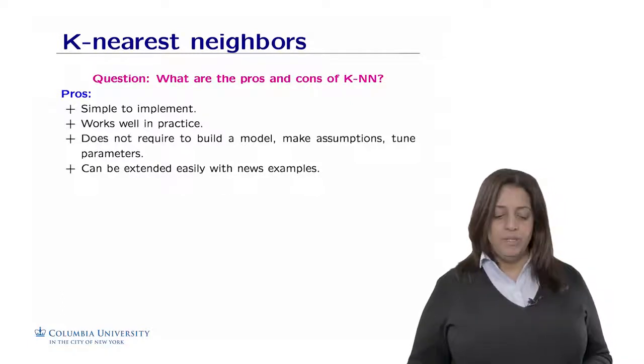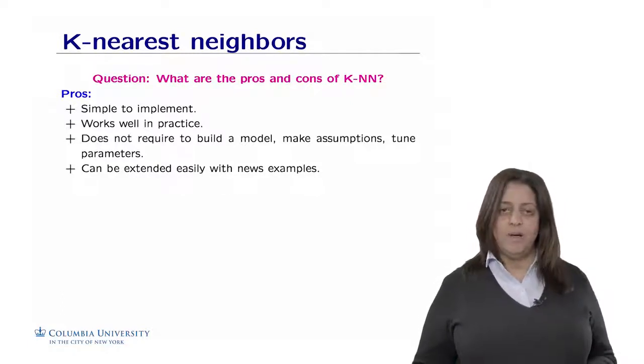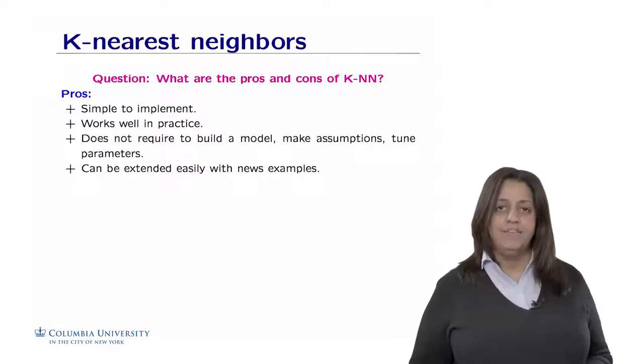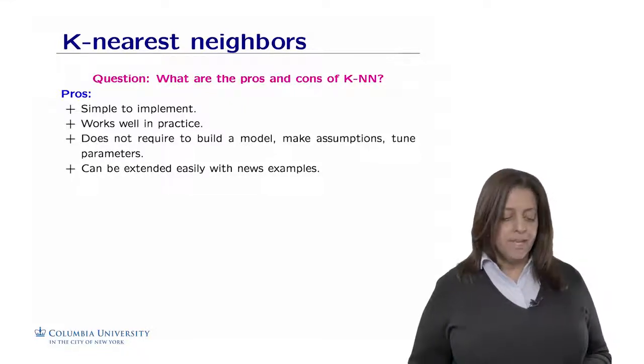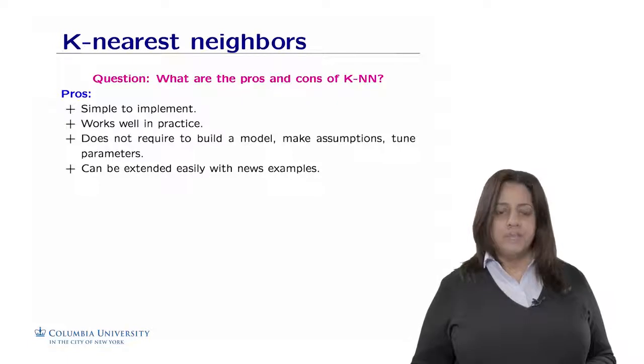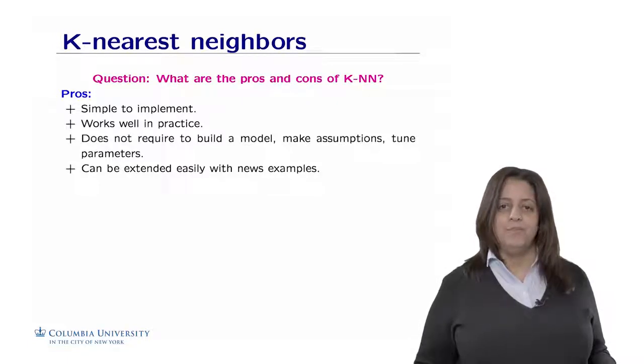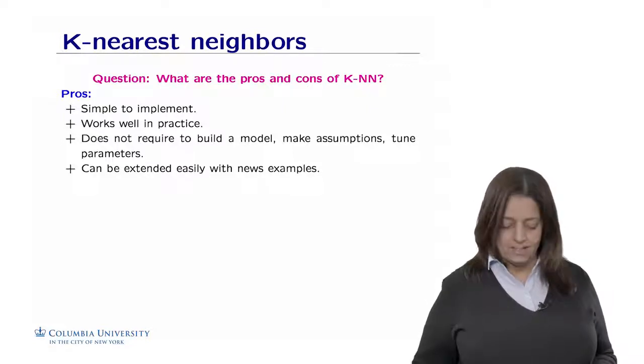It doesn't require building a model and makes no assumptions about the distribution of the points. There is no need to tune parameters, except maybe k if you want to learn the best optimal k for the nearest neighbors. It can also be extended easily with new examples. Whenever you collect a new example, you just add it to the data set and there is no need to retrain any model.